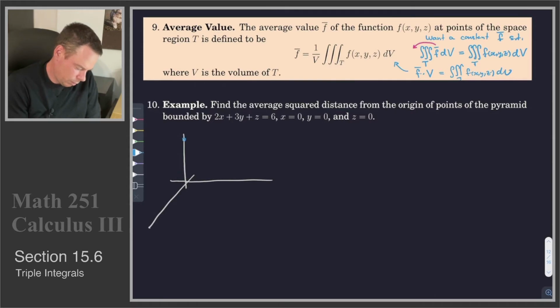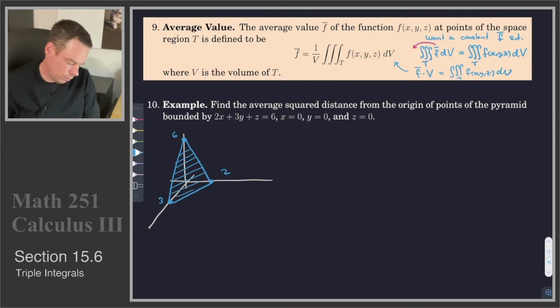So we've got this plane 6, 3, 2, and it cuts out this tetrahedron in the first octant, and we are interested in the average squared distance from the origin to the points of this tetrahedron, of this pyramid.